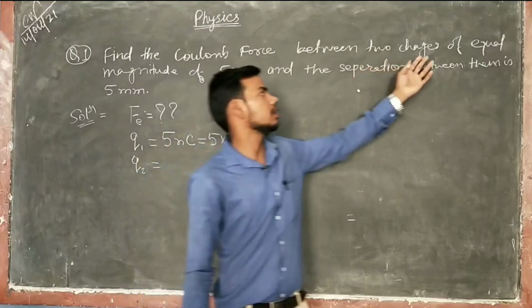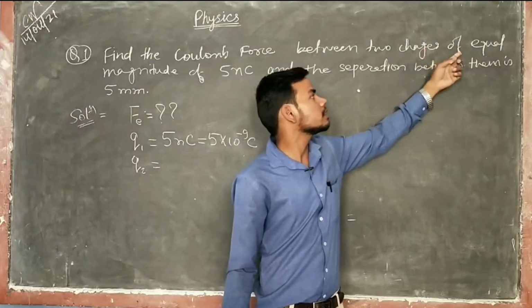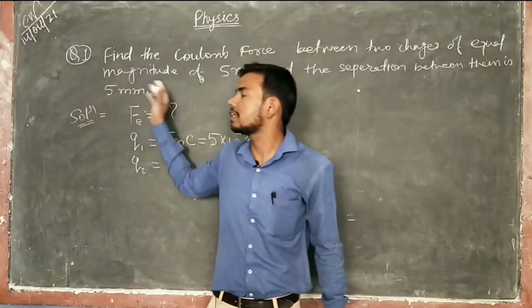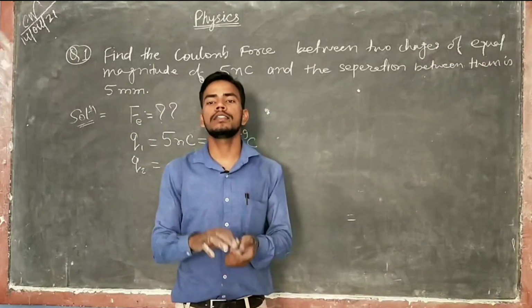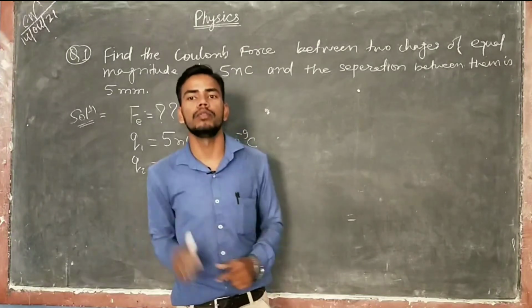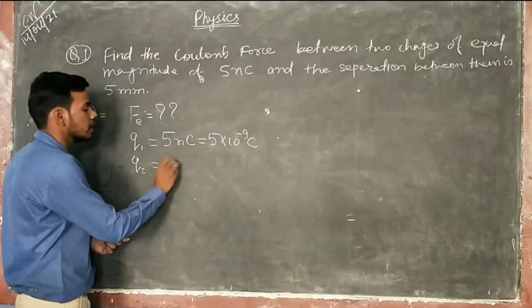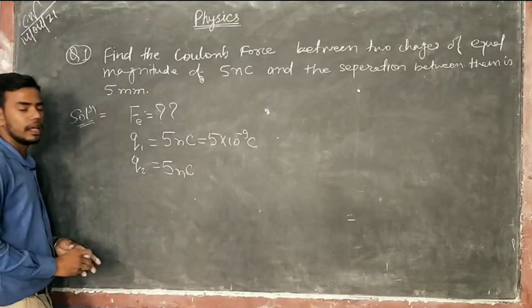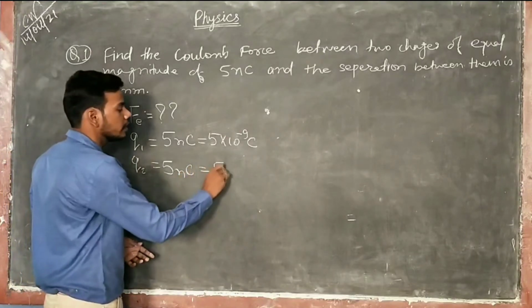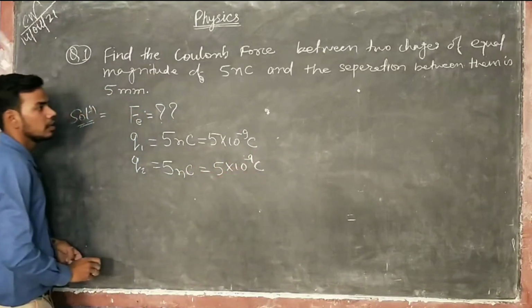Here you can read the words given in the question, the charges of equal magnitude. So equal magnitude means both charges have the same value. So we have taken Q1 as 5 nanocoulomb, then Q2 also will be 5 nanocoulomb, and Q2 can also be written as 5 into 10 to the power minus 9 coulomb.